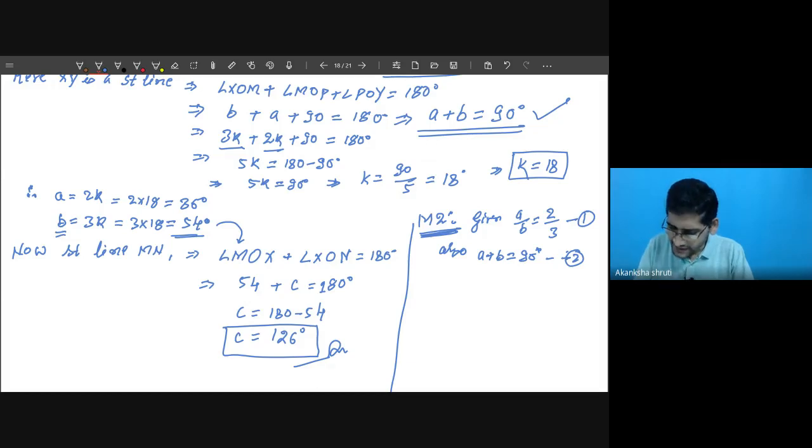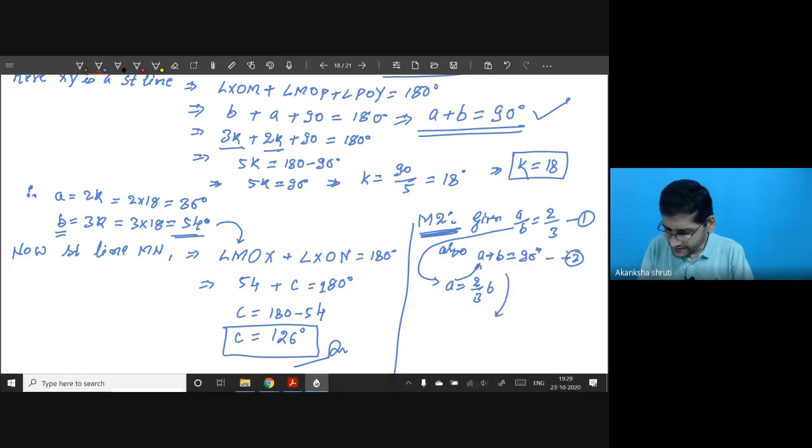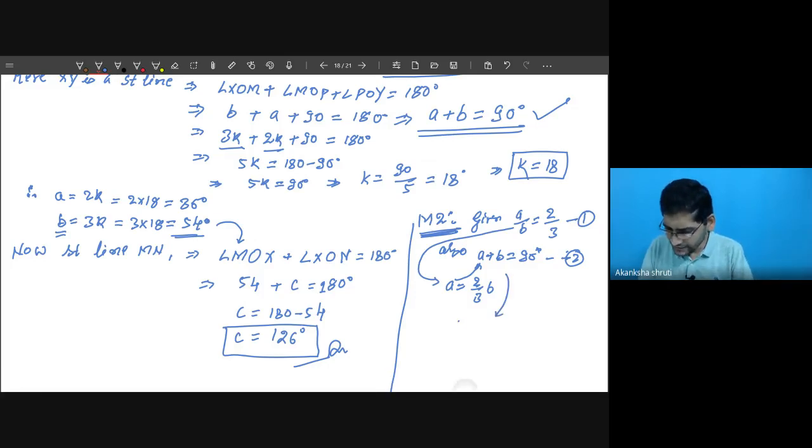If you just rearrange this, the A value is 2 by 3 of B. Now this A value you have to substitute here and rewrite it. What I have done, are you getting it? Student, this is the ratio given. This is the relation that we have written.